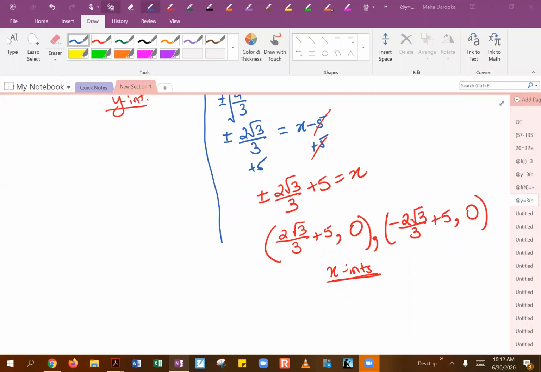So for this one over here, I am getting approximately 6.15. And of course, the numbers keep going. I'm just rounding it to 2 decimal places. What are we getting for the negative? I think, Grace, I saw you give us negative of that number.